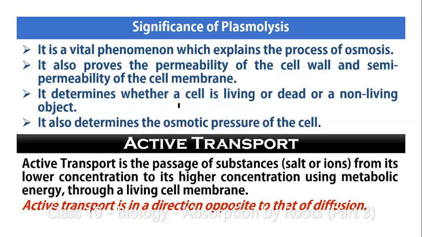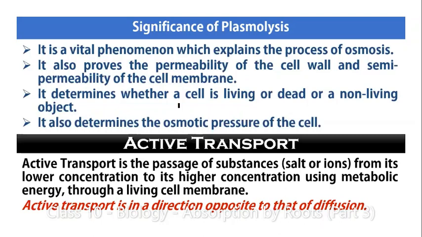It also shows the permeability of the cell wall. That means the cell wall is permeable, and it also shows that the cell membrane is selectively permeable. That is why only the water molecules are lost, not the solute molecules, not the minerals inside the cell. It also shows whether the cell is living or dead.